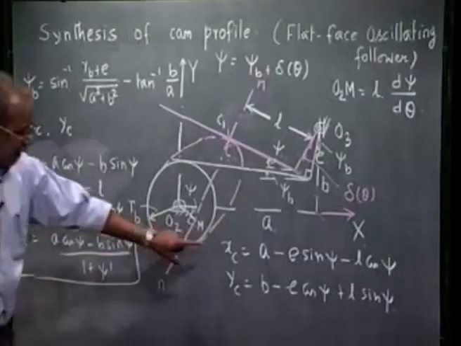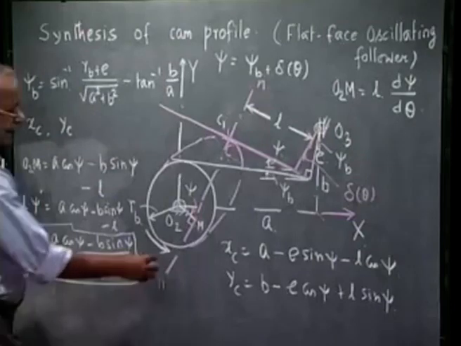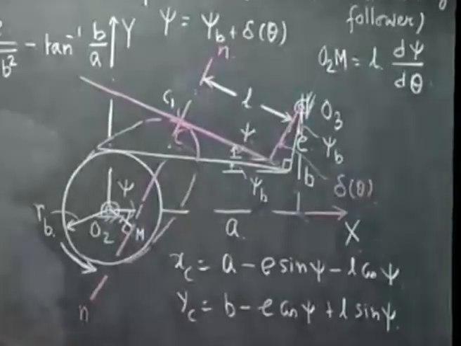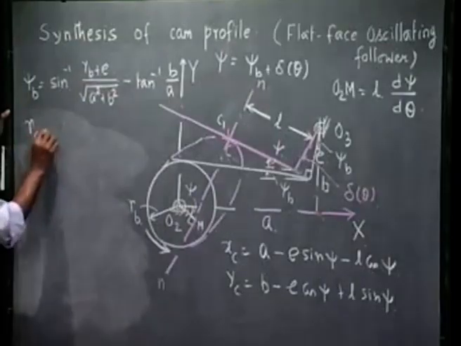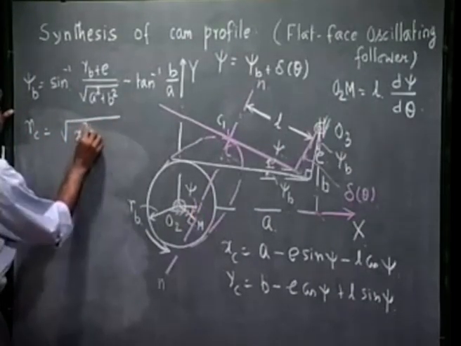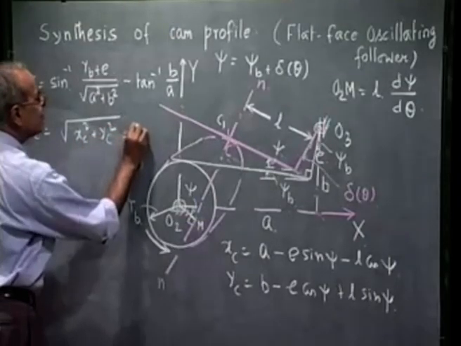So I have got xc and yc, everything in terms of theta, once these parameters A, B, E are given to us. Rest is as before. Once I get the contact point, I can write RC is square root of xc squared plus yc squared.